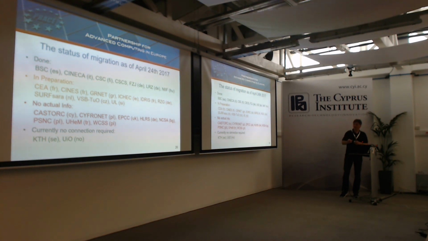They will work on the next. Some say no connection. And the others we have to see. They say no actual info, which means they contact the endpoints, and I don't know the status.